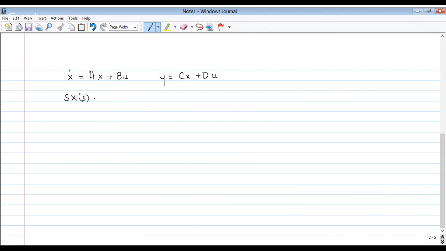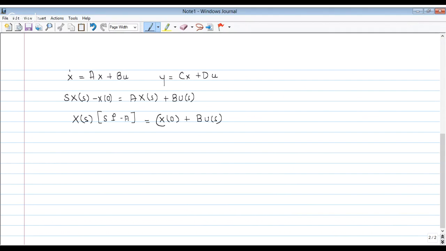It will be sX(s) minus X(0) equal to AX(s) plus BU(s). So what we do is, X(s) times (sI minus A) is equal to X(0) plus BU(s).